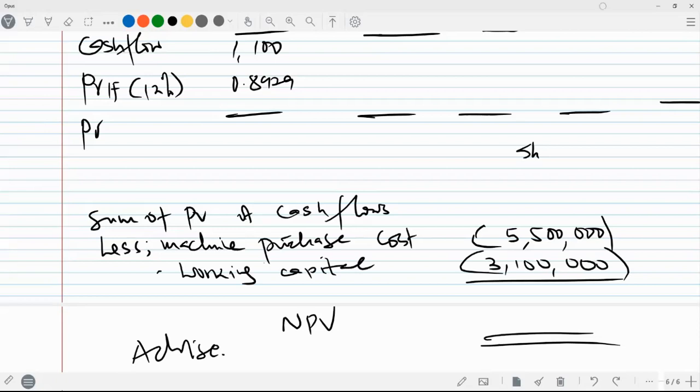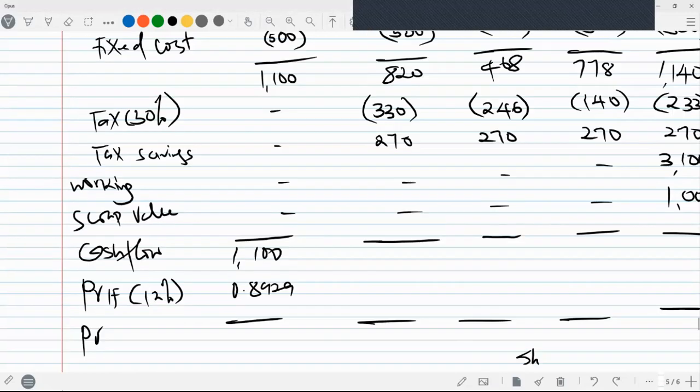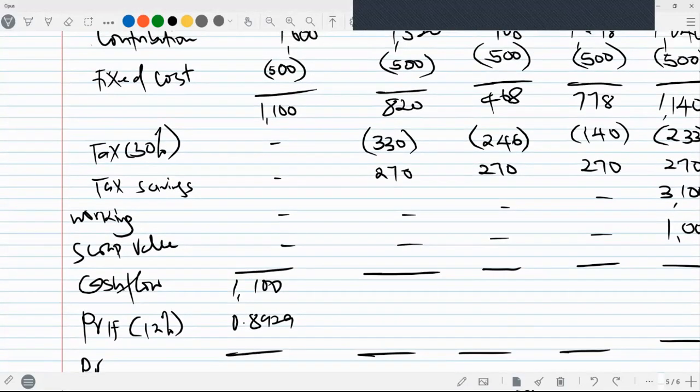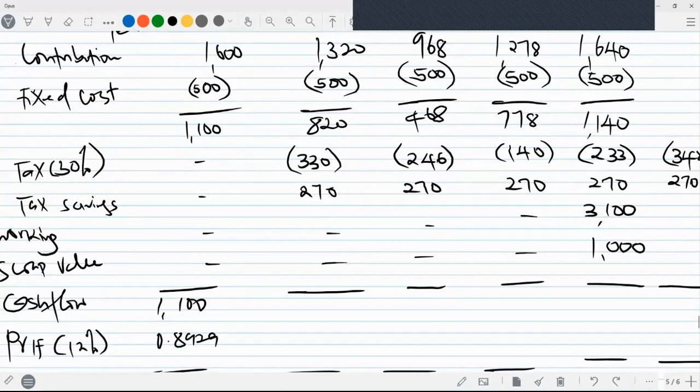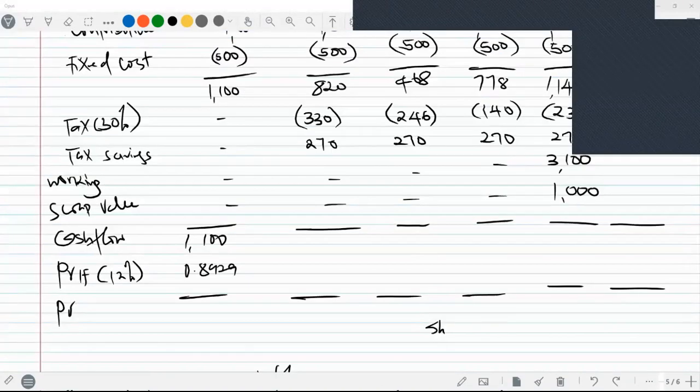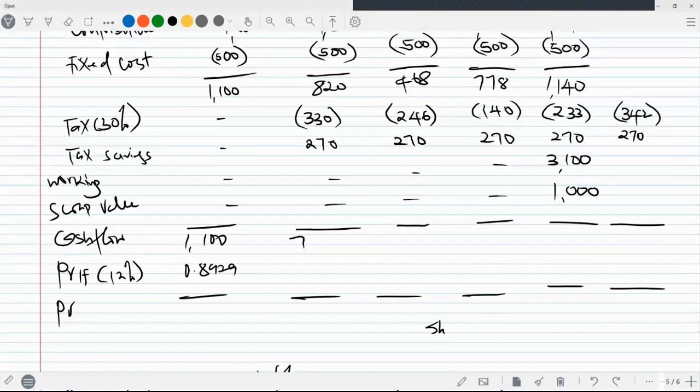Scroll up a bit, sir. There. Yes. The cash flows: year 1, 760. Year 2, negative 40.